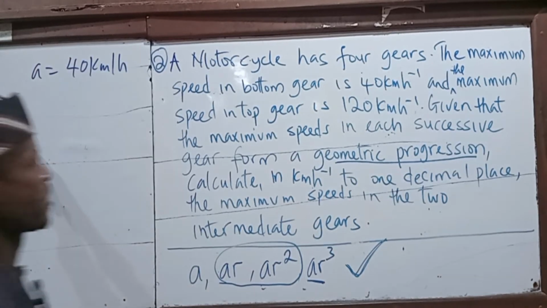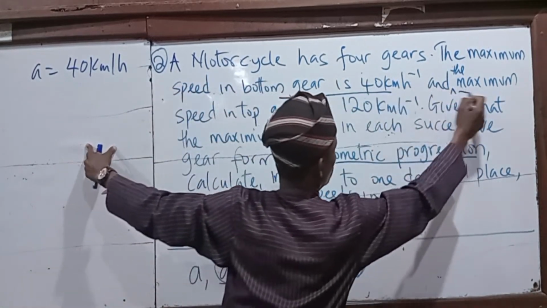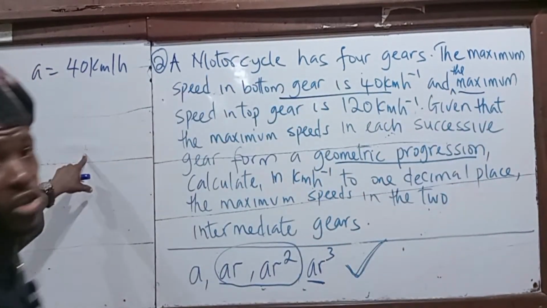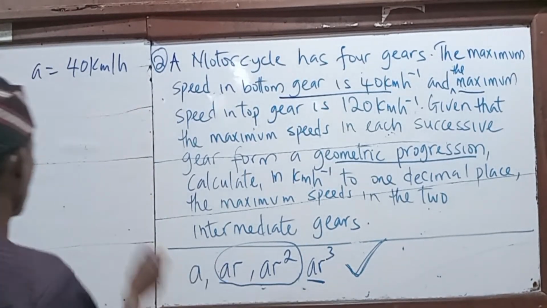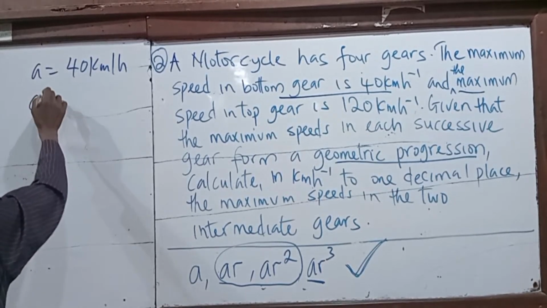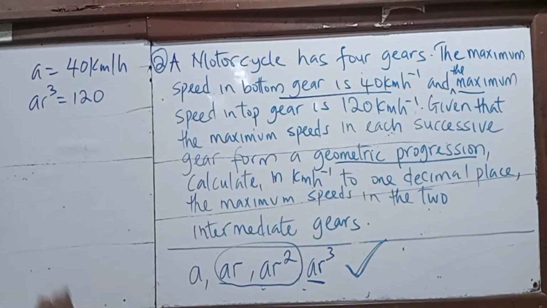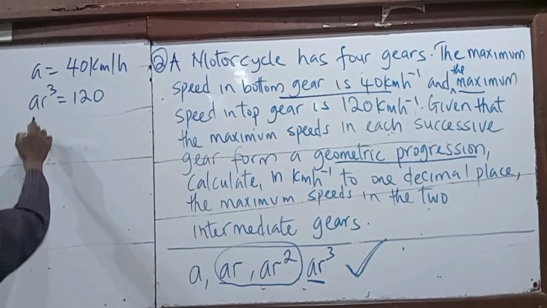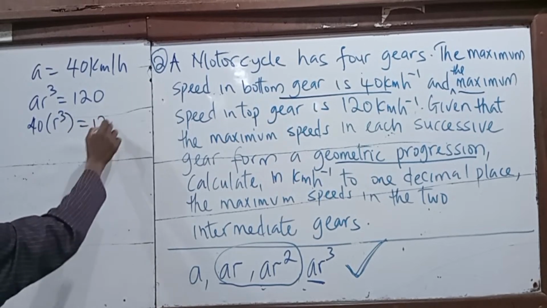We are going to start with the given information. The maximum speed in the top gear, which is the fourth term, will be AR cubed equal to 120. Substitute your A, which is 40, times R cubed equal to 120.